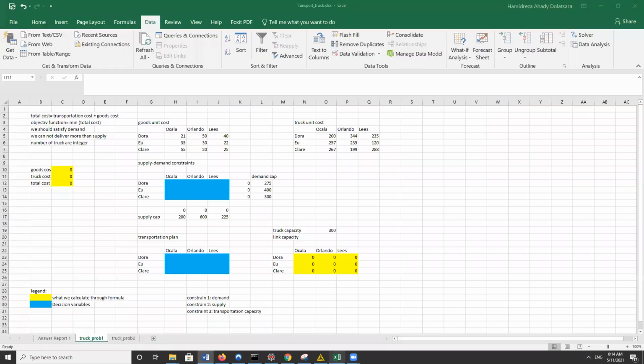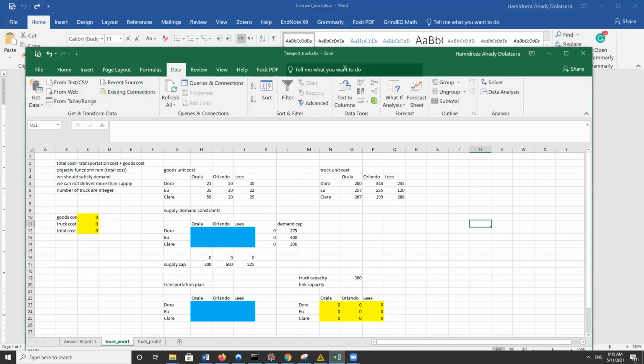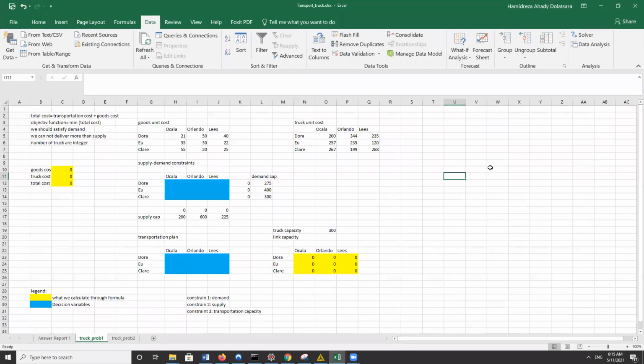Okay, so please open the transportation truck Excel file. It looks a little scary at first. Later, we look at it and we solve it in a much easier way. So the first one is supply and demand capacity.